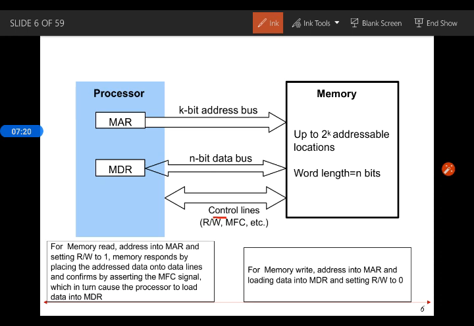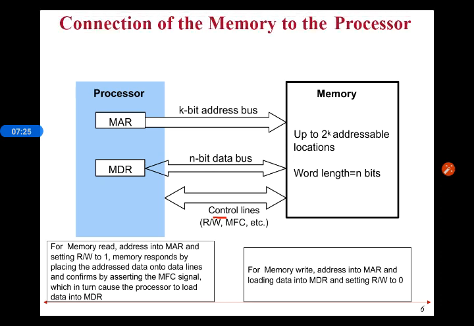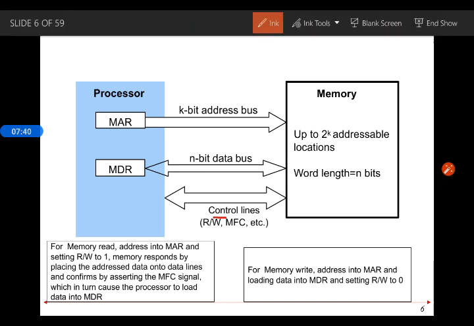And how will we perform the memory read operation? For memory read, we place the address into the MAR and set R slash W bar. Here, in this case, it is actually W bar, and in this case also it is W bar.